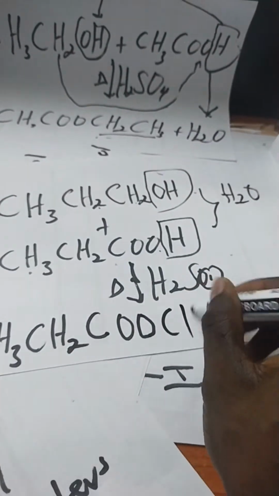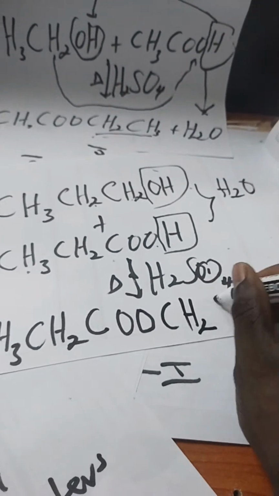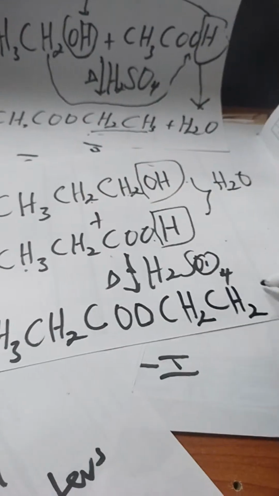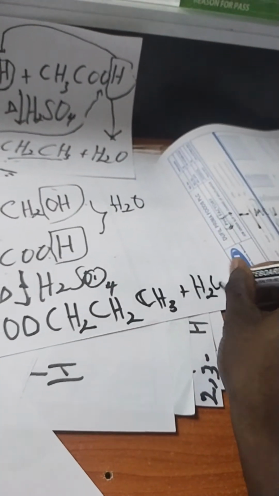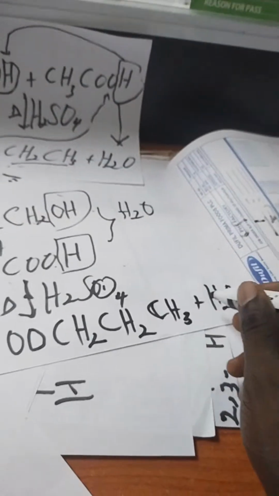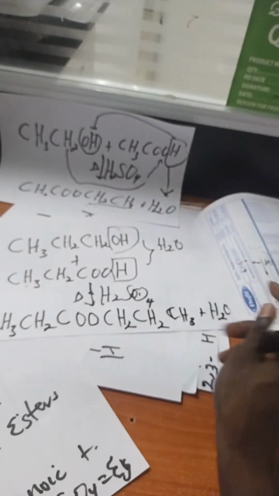You write CH2, CH2, CH3 plus your water molecule. If you have seen that very well, that is, I'm talking about this. Okay, if you have seen this very clearly, you agree with me.